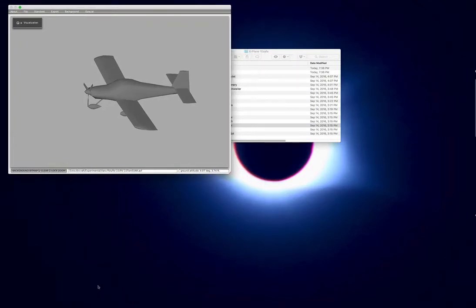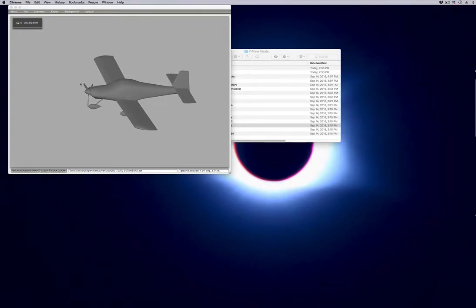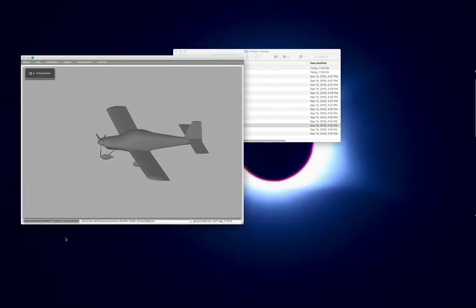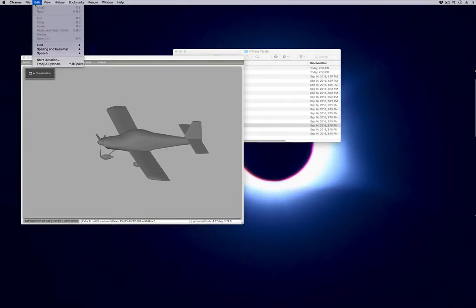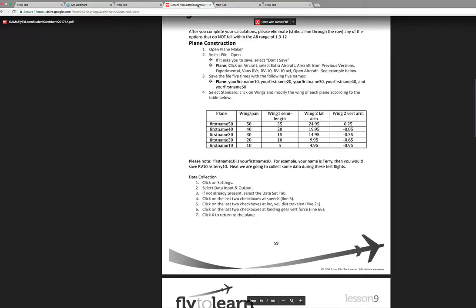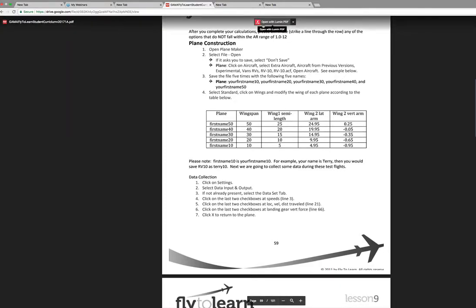Go ahead. That's just annoying. All right, so I'll write this down. We'll take this. So everybody go ahead and bring up Plane Maker. If you've got a computer here, go ahead and bring up Plane Maker.